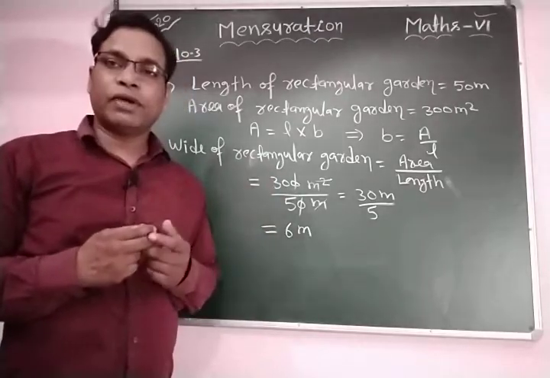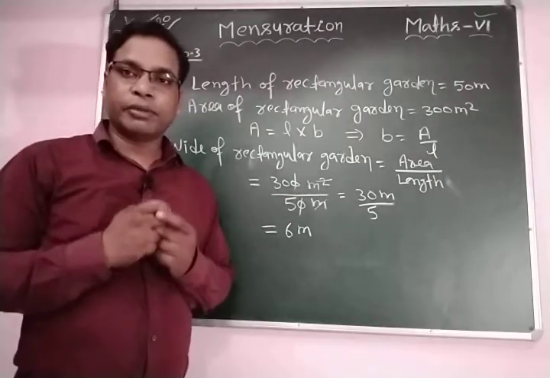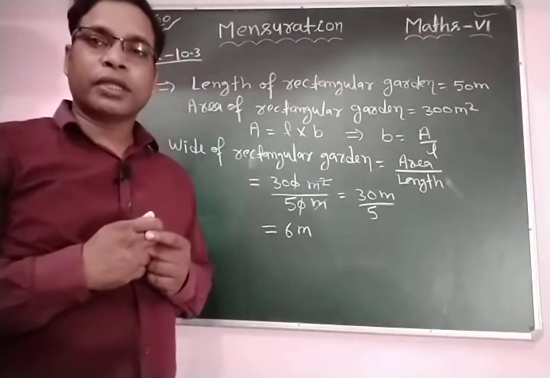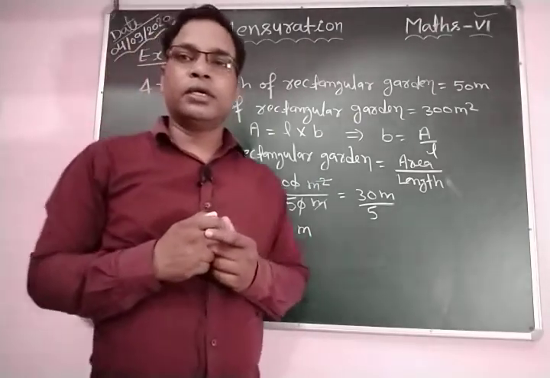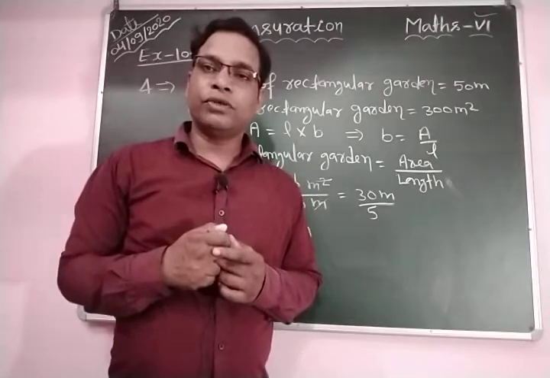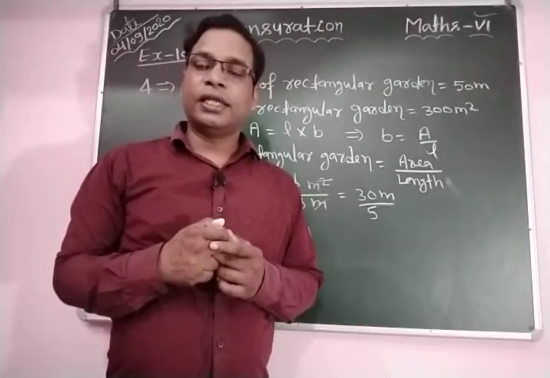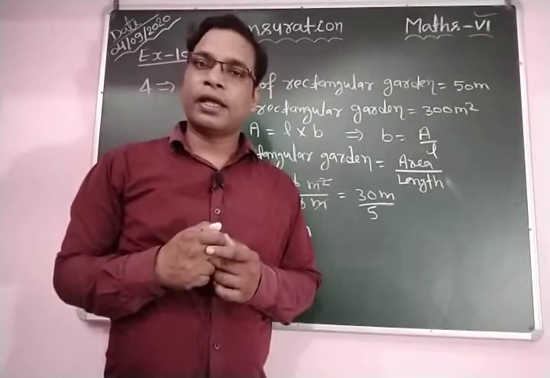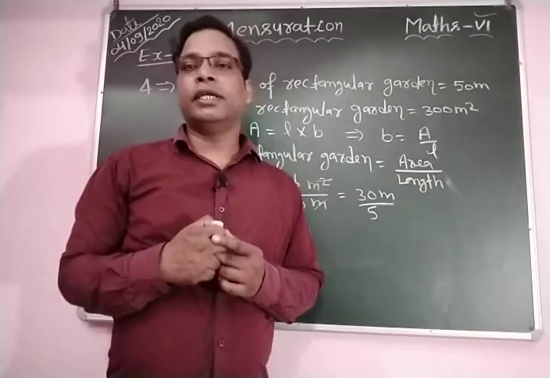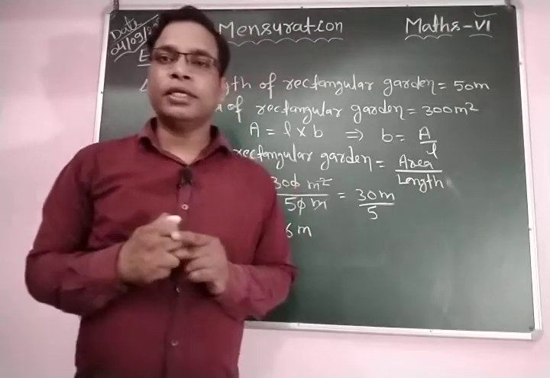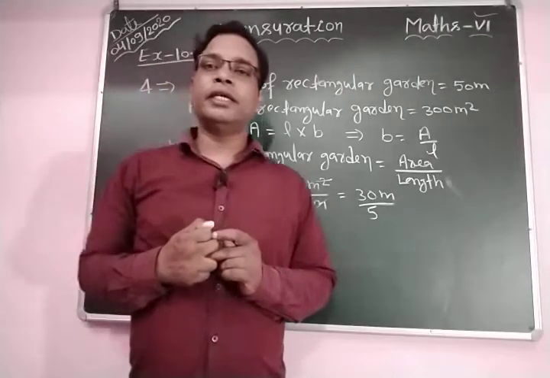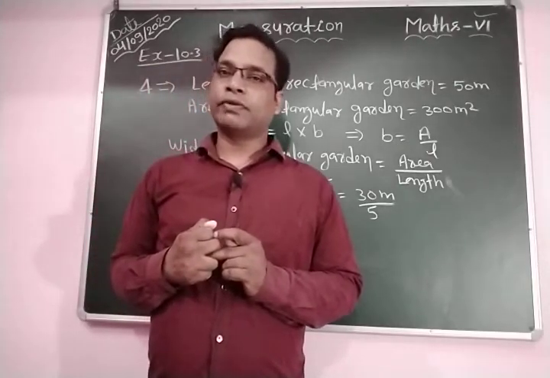First we find what information is given about the rectangular garden. If you read this question, you find that the length of the rectangular garden is given and also its area is given. So the length is 50 meter and the area is 300 meter square.